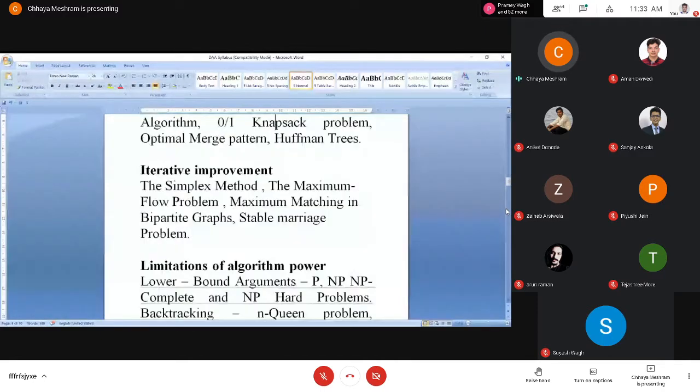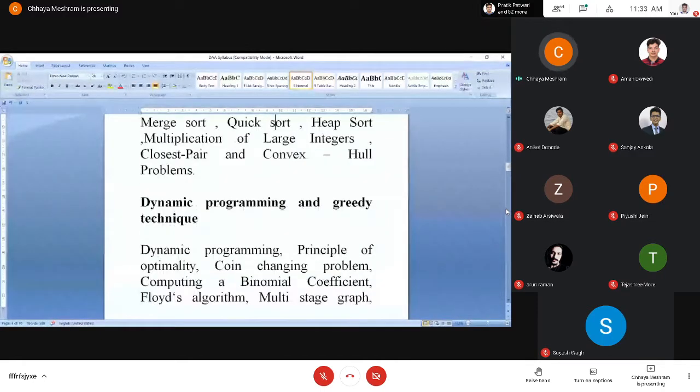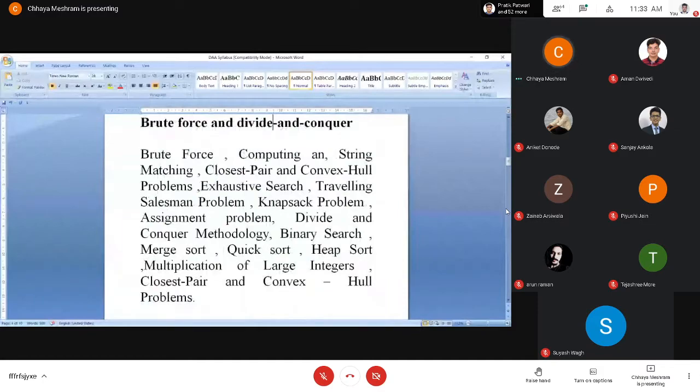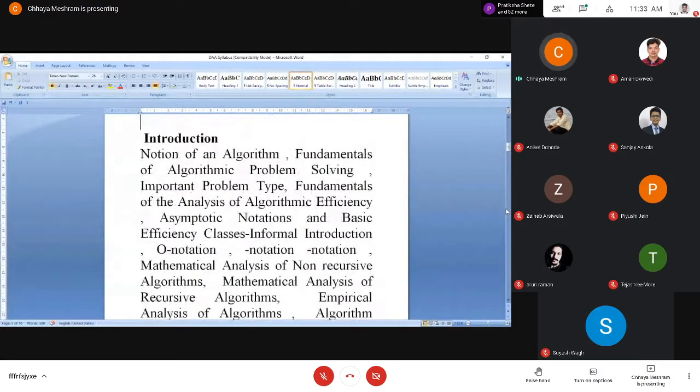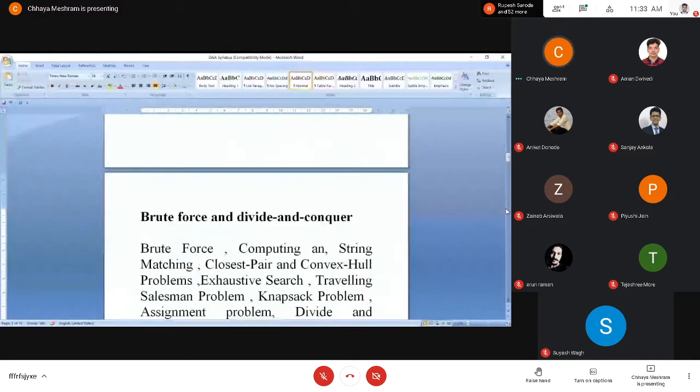Okay, so in overview, this is what we have to study. First of all, we have to study the analysis of algorithms. We must know what an algorithm is, the notion of an algorithm, and the fundamentals of algorithmic problem solving. After that, we study the analysis of algorithms. This is related to complexity.